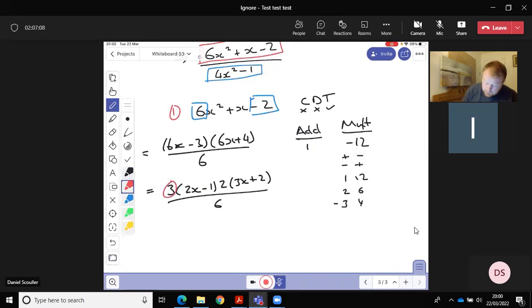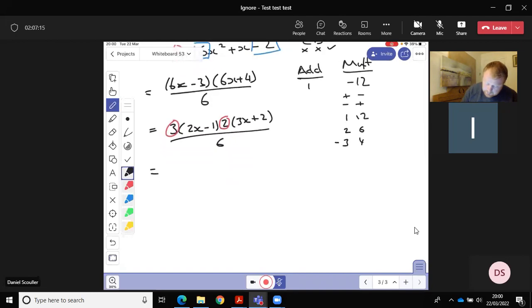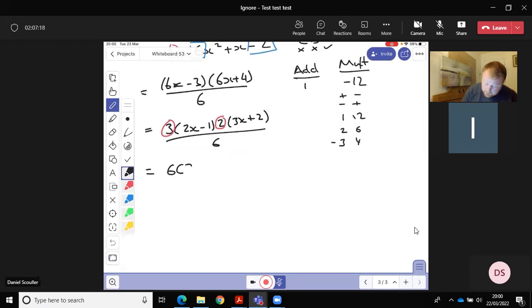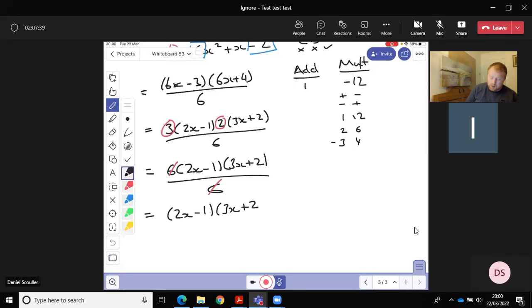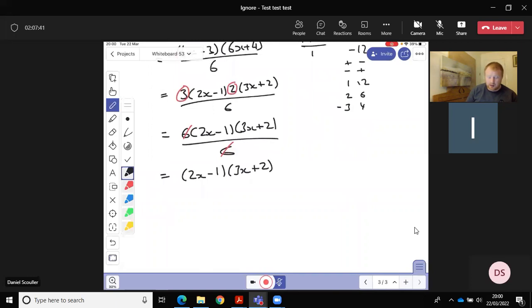Tidying that up, that term and that term multiply together, which means those two terms cancel out. So we're trying to cancel out that bottom term, and that leaves us in our fully factorised form. So that's that top line factorised.